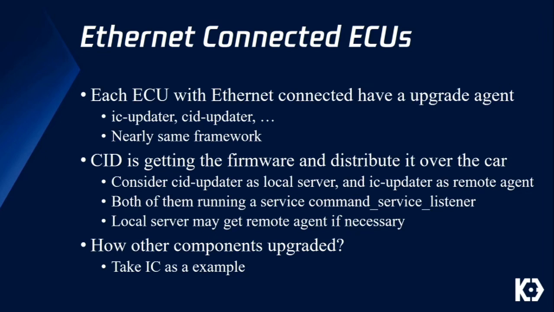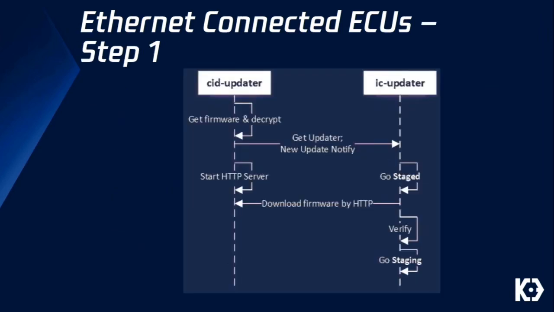Again, we need to take IC as an example to show how a common Ethernet-connected ECU is updated. Of course, the first step is that the remote hardware, the IC, needs to get the firmware. After CID has got and decrypted the firmware from the cloud, it will get the IC updater, and send a new update notify command to the IC updater. And then IC updater will go to the stage we call staged.